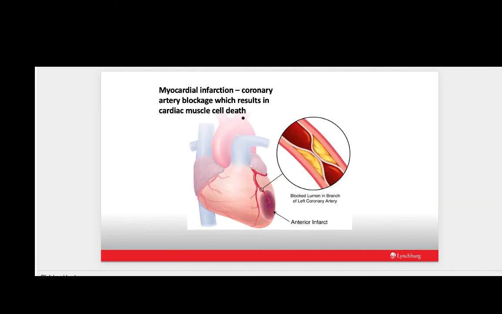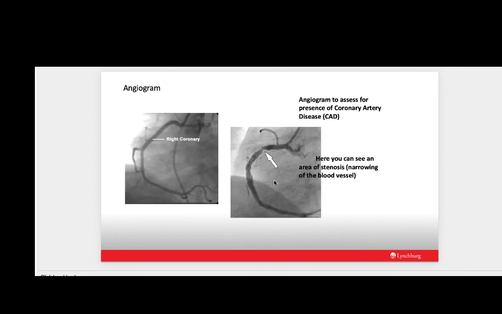This is showing you a myocardial infarction where you have death of cardiac muscle cells. If we have a blockage and blood can't flow to that area, then any tissue being supplied by that vessel could die. This is showing you an angiogram, and this is how they would look at this.